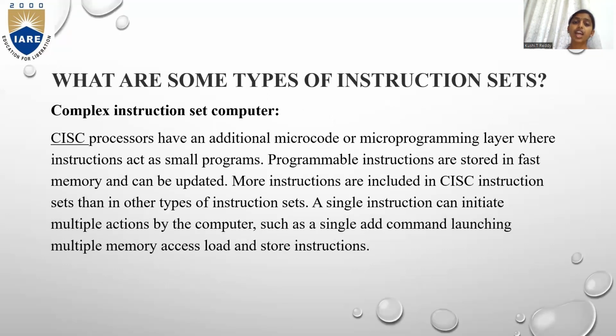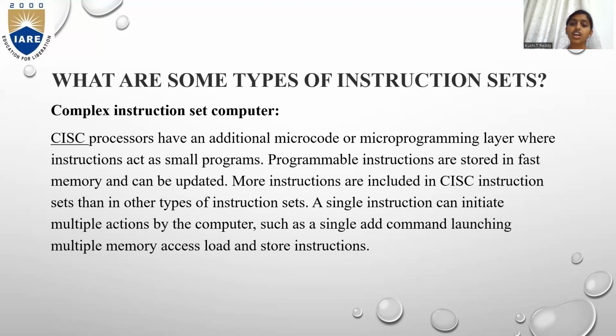So, what are some of the types of instructions? The first one is complex instruction set computers. Complex instruction set computers are processors that have an additional microcode or microprogramming layer where instructions act as small programs.